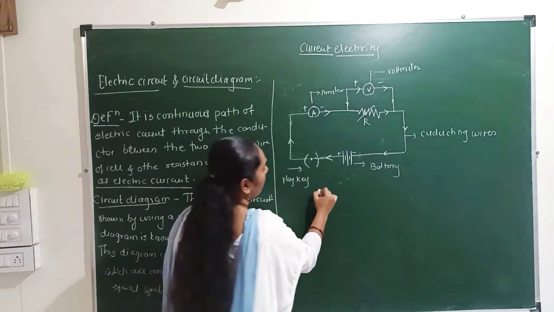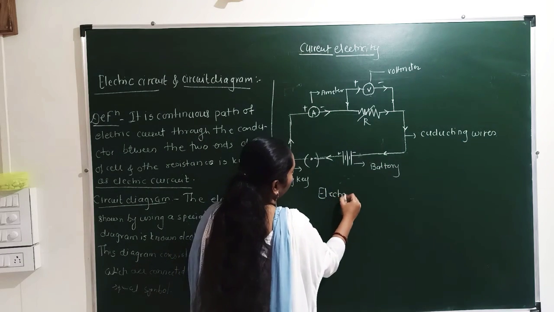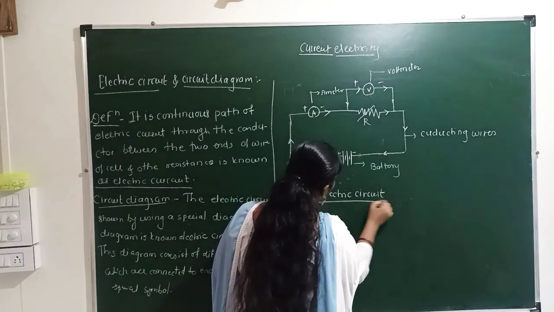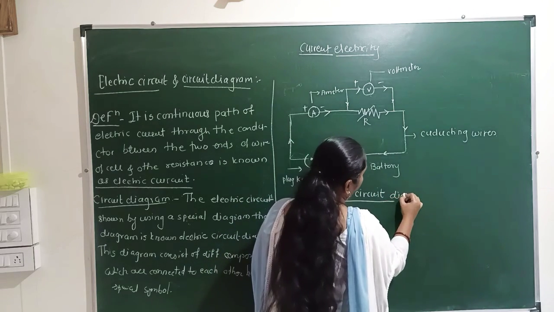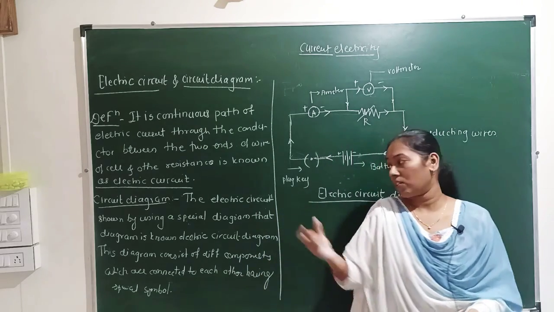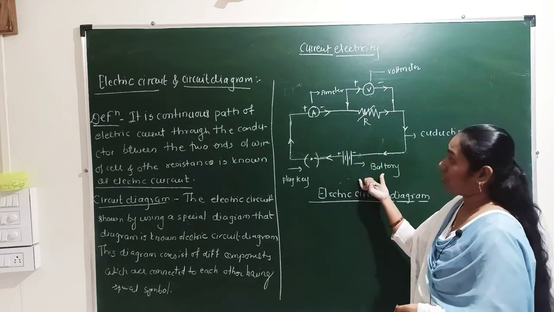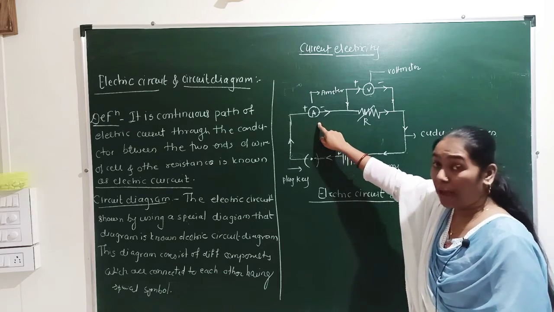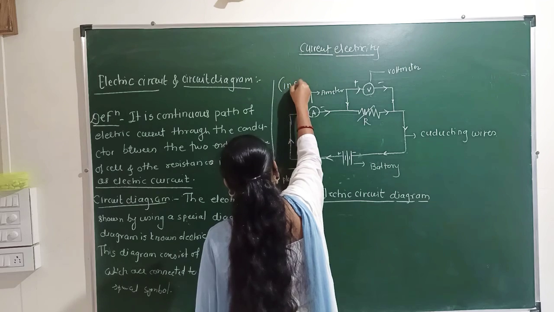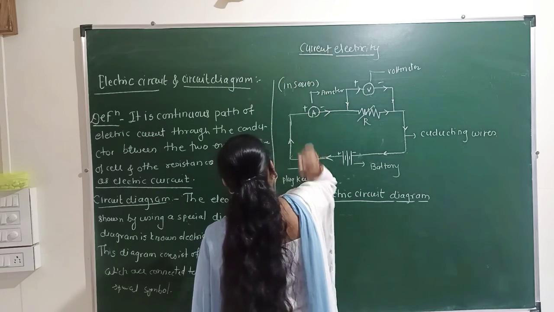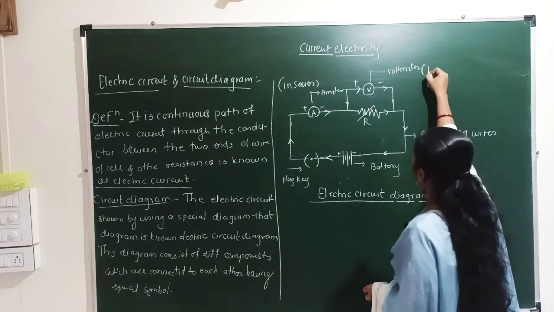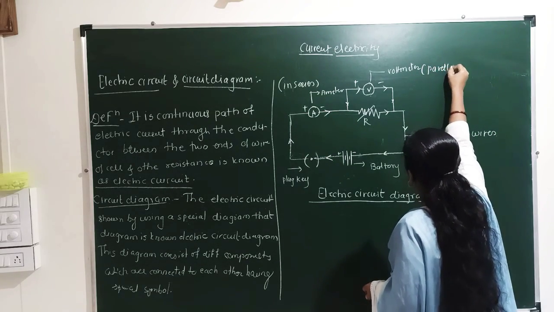This is your electrical circuit, also known as the electrical circuit diagram. It consists of a plug key, a battery, and an ammeter, which is always arranged in series, and a voltmeter, which is always connected in parallel.